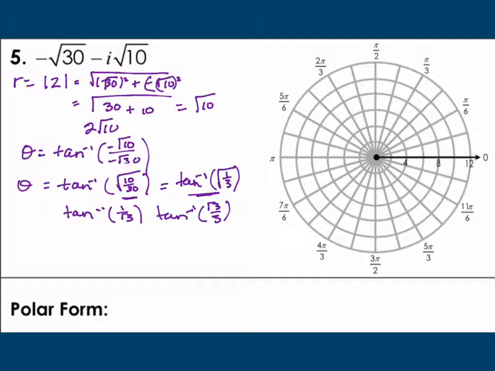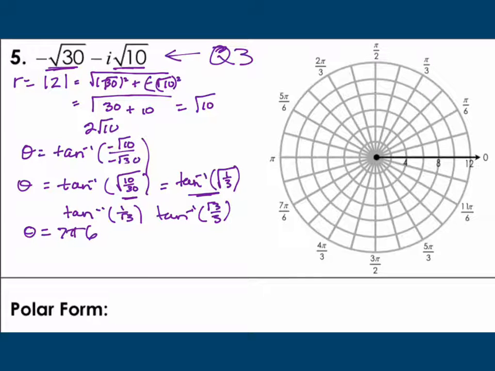What quadrant am I in? I'm in quadrant 3. See, negative, negative. And so tangent is square root of 3 over 3 in quadrant 3 at 7 pi over 6. So theta is 7 pi over 6.